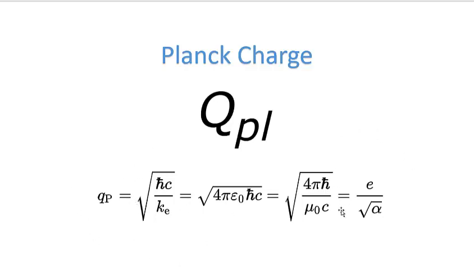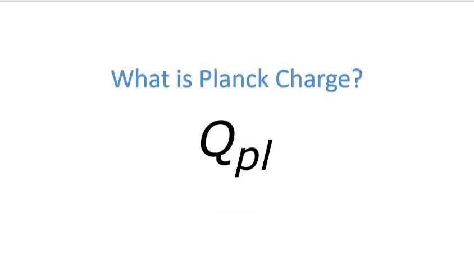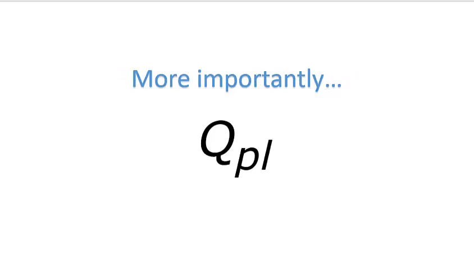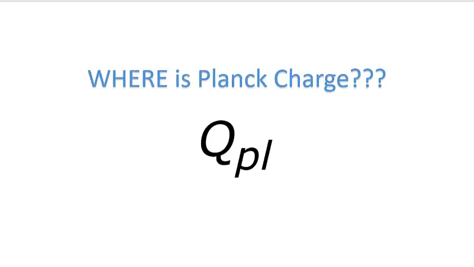It's also equal to elementary charge divided by the square root of alpha. But what is Planck's charge? This is actually more of a quest for me than what is alpha, as you will see. So what is Planck's charge? But more importantly, where is Planck's charge?